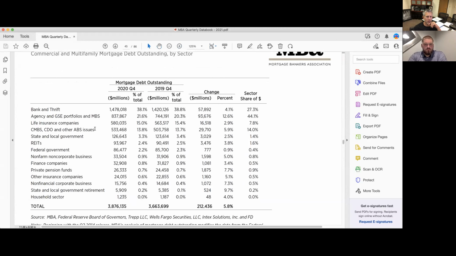Look here. Life insurance companies did 580 million in originations in Q4 2020. So look at what percentage of the whole sector. Look at the agency. Remember we just talked about Fannie, Freddie? Look how much of the whole industry they do.